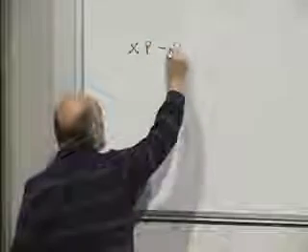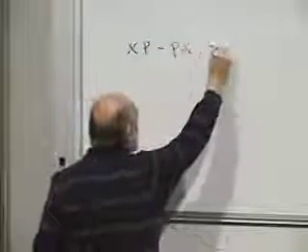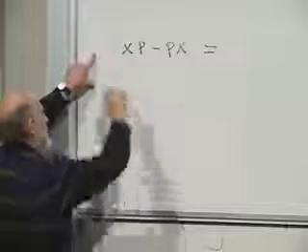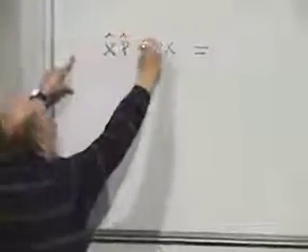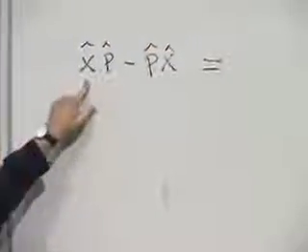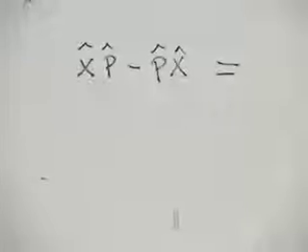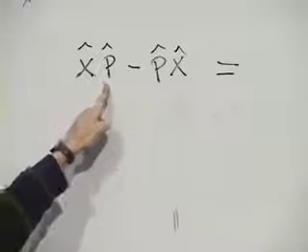So let's work it out. Here's what we want to calculate: xp minus px. Now, remember what x does to a wave function. It just multiplies it by x. What does p do?